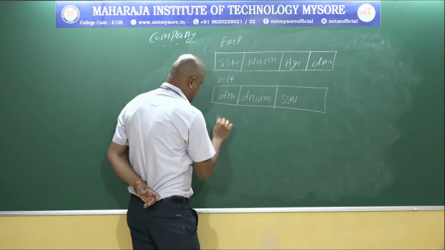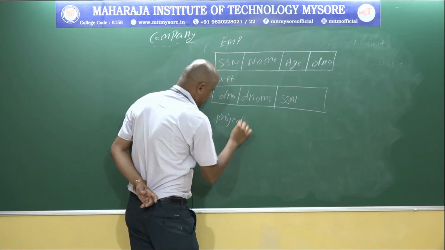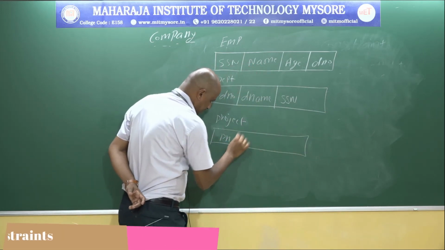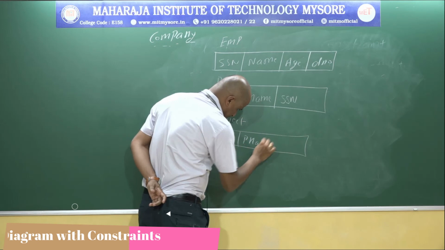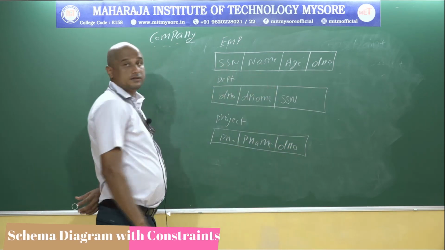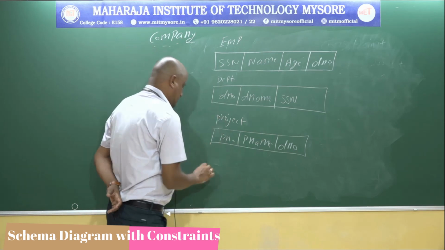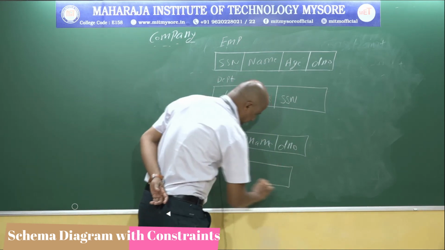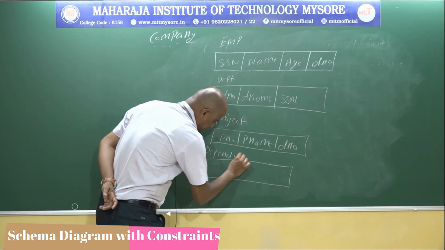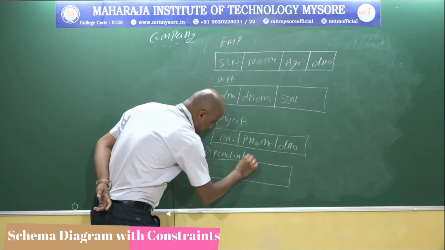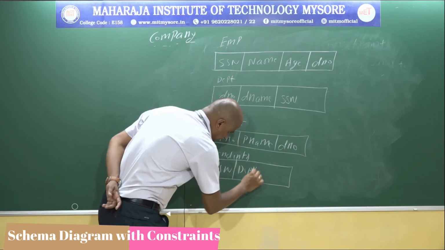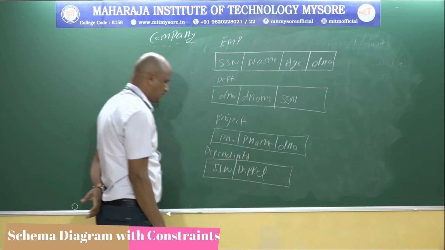Then I have project: P number, P name, D number. That is the project table. Then I have dependents: SSN and dependent relation, that defines it.